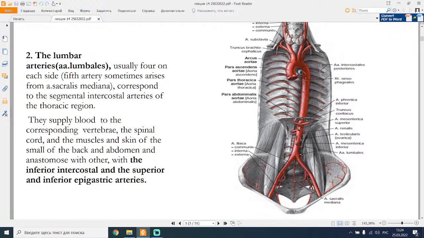They supply blood to the corresponding vertebra, the spinal cord, and the muscles and skin of the back and abdomen, and anastomose with the inferior intercostal and superior and inferior epigastric arteries.